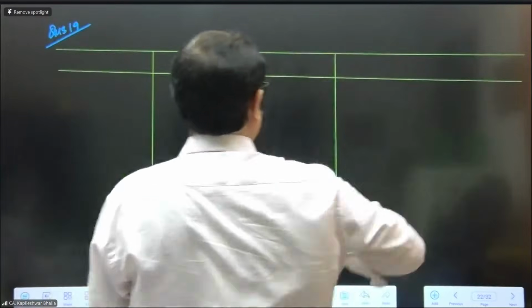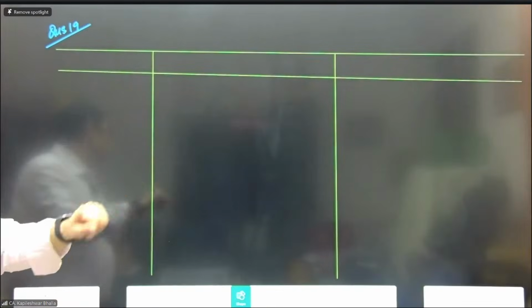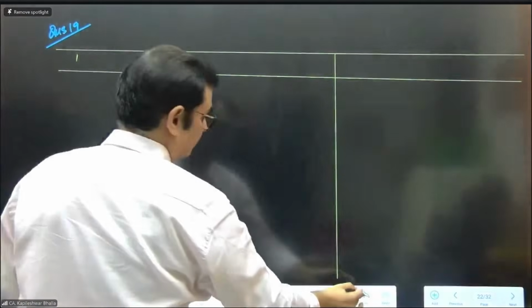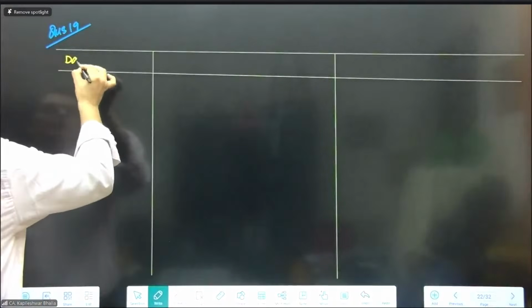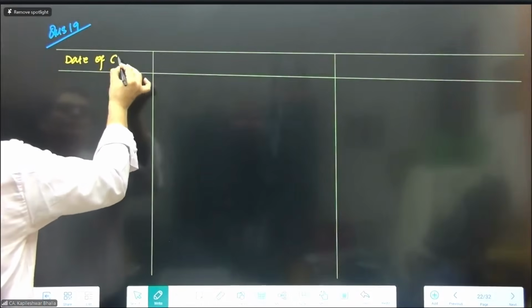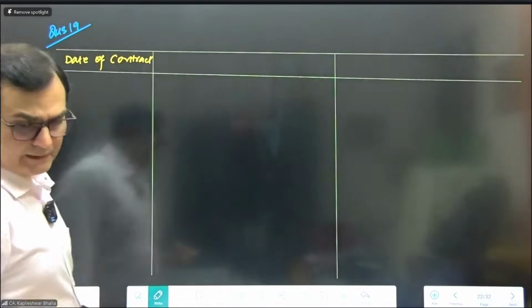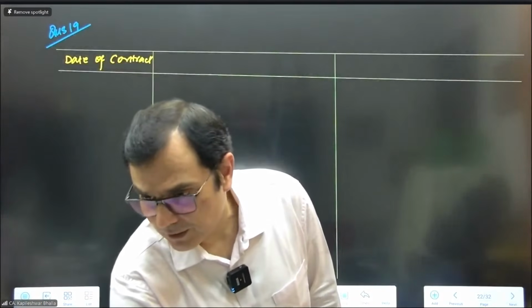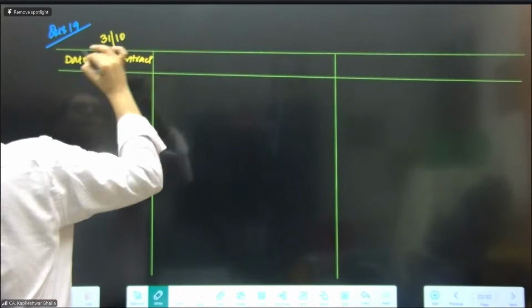There will always be 3 important dates on which the accounting needs to be seen in this case. One is the date of contract. When you entered into a futures contract, what is the accounting? That date is 31st October.